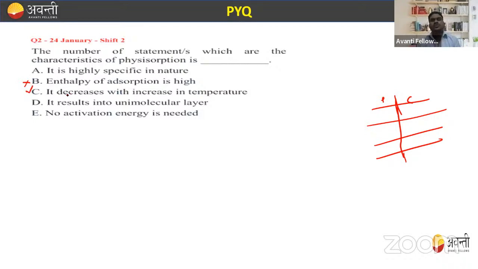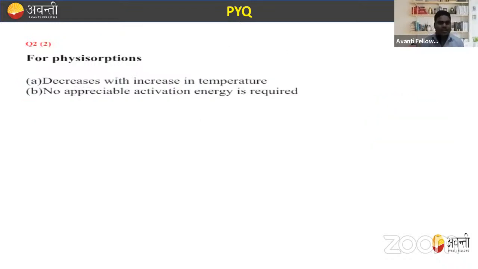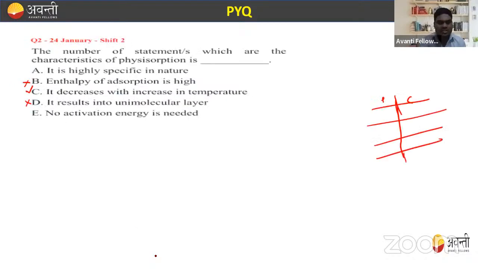It results in a unimolecular layer. Wrong, because physisorption is multimolecular; chemisorption is unimolecular. No appreciable activation energy is needed. Is it highly specific in nature? That is obviously chemisorption. So only two points are correct: that it decreases with increase in temperature, and that no appreciable activation energy is required.